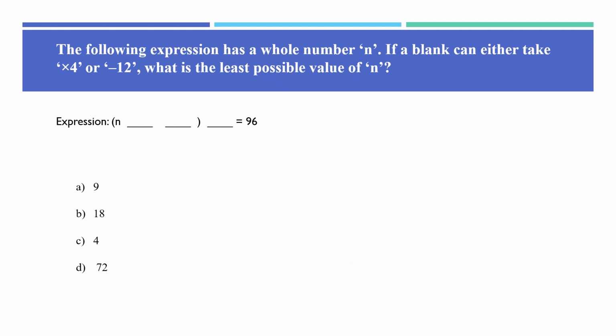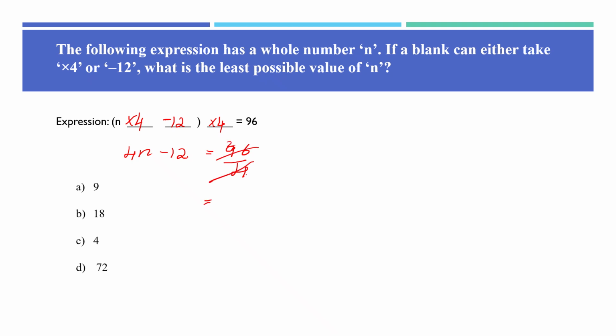Let's try with times 4, minus 12, and times 4. In that case, I have 4n minus 12 equals 96 divided by 4.